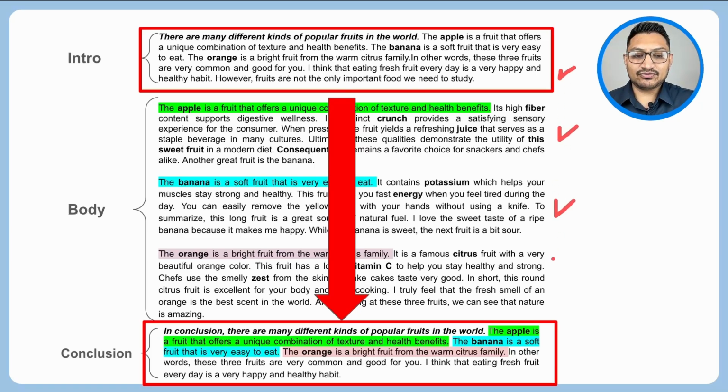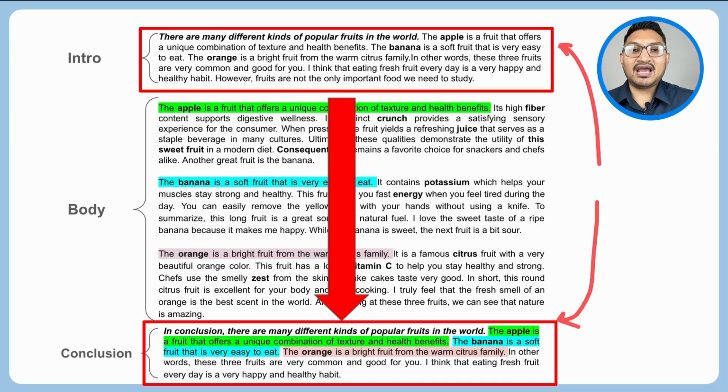As they continue reading, by the time they arrive to your conclusion, they might have already forgotten everything you said. So the best way to finish a document is to remind them of everything you just said. That's why the introduction and the conclusion should be the same.